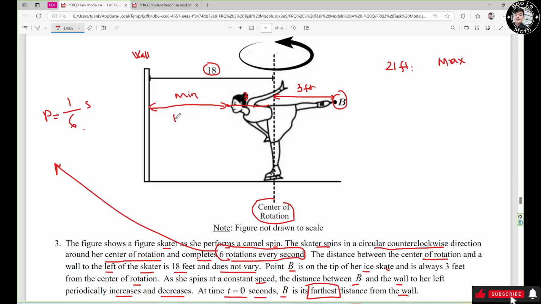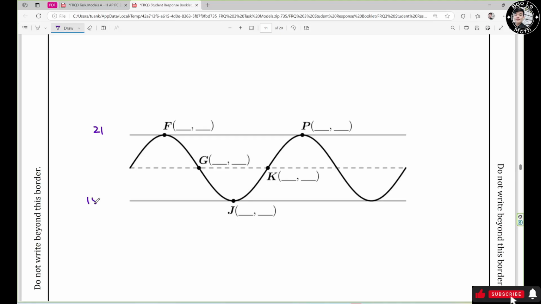It's going to be 15, so the minimum should be 15. Now the midline is maximum plus minimum divided by 2, so it's going to be 18. So right here you just put 21, this one is 18, this one is 18, and this one should be 15.